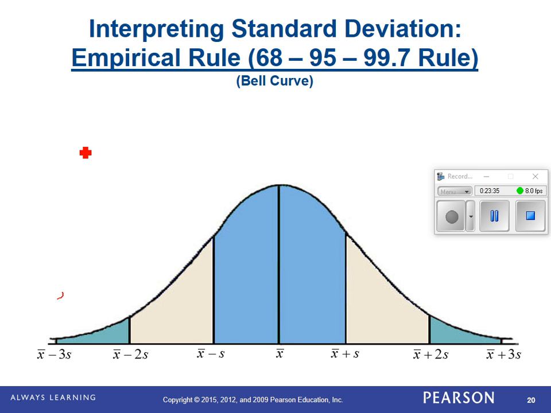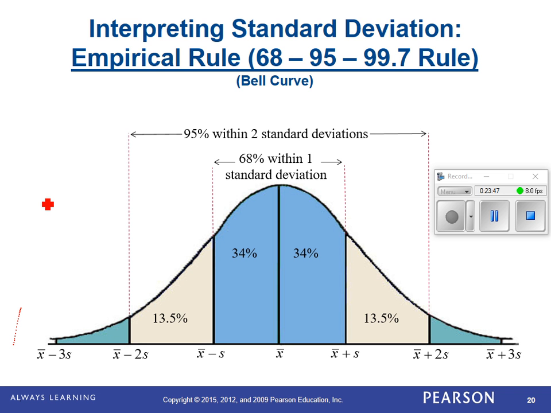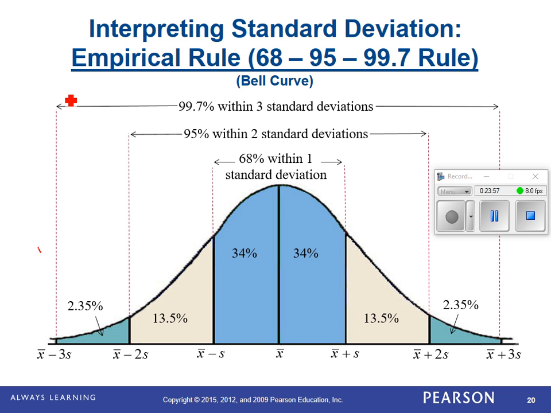So it's separating that whole bell curve into those sections. 68% should fall in that range. 95% falls within two standard deviations, so two below or two above. And then about 99.7% falls within all three. And then the other 0.3% is your stuff that's way out here, and those are your outliers.